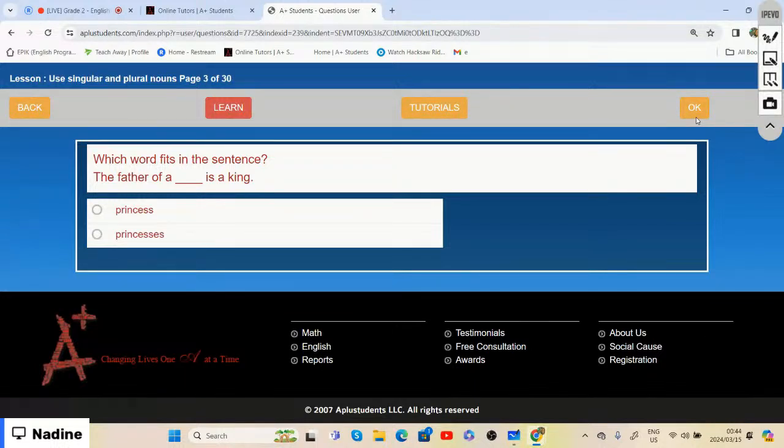All right, so is it the father of a princess is a king or the father of a princesses is a king? Which one is the correct one? Is it princess or princesses?